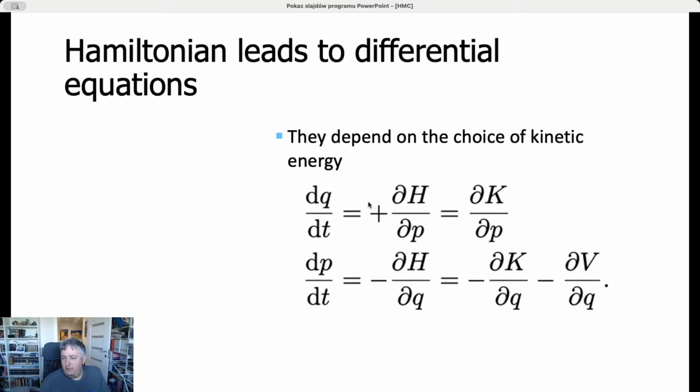Here you can see this is with a plus and this is with a minus sign, and you can associate it with the adjoint equations from the Pontryagin principle in optimal control theory, and that actually makes very much sense because these are approximately the same equations. The adjoint variables of the Hamiltonian from optimal control theory are generally a certain kind of generalized momentum representation. So those equations come from the choice of the kinetic energy, which is related to our likelihood.